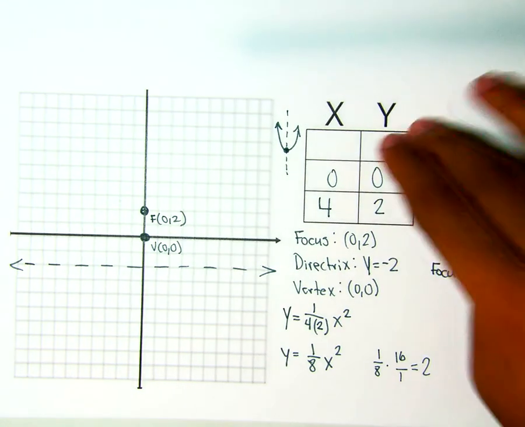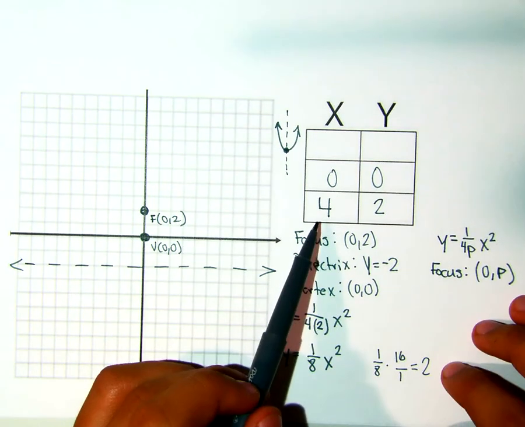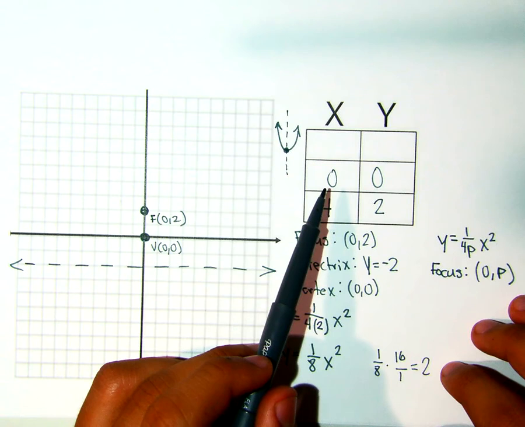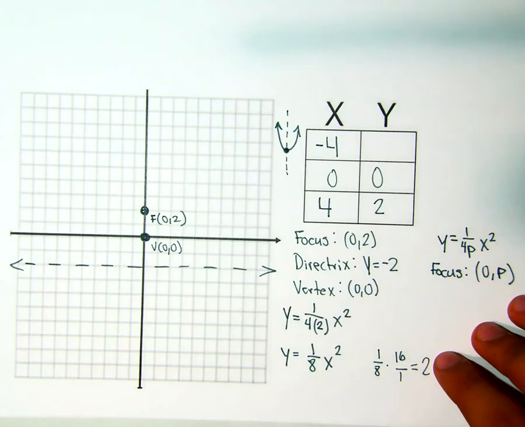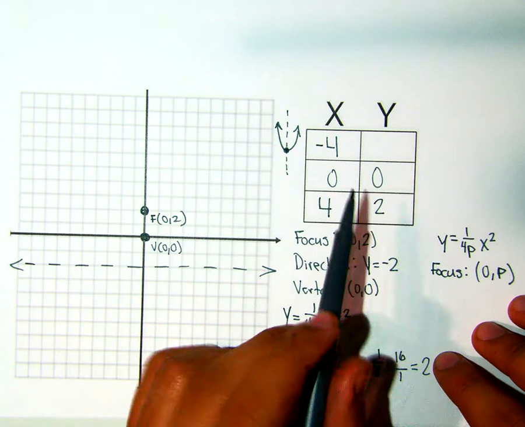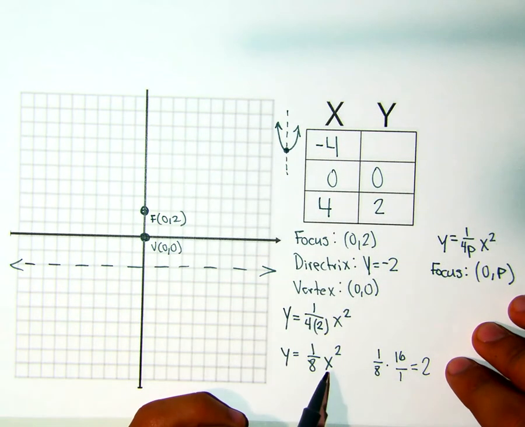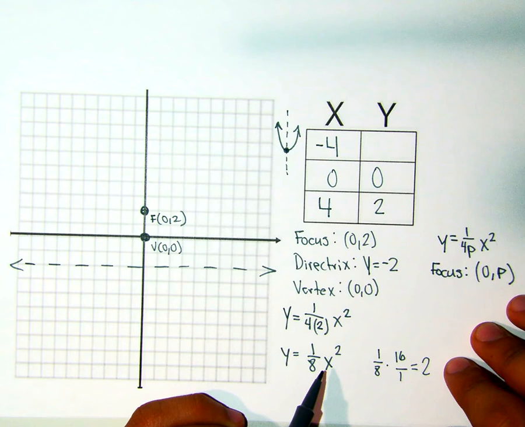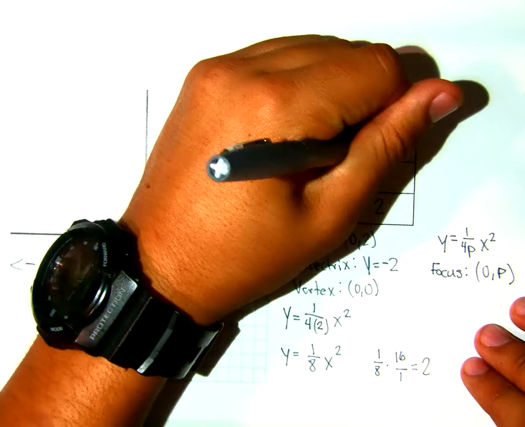Whenever we're working with parabolas, we want to choose a point that's equal distance from the one we just found. 4 was 4 units away from 0, so now we want to use -4. When we plug in -4, we get the same answer. -4 squared is 16, and 16 times 1/8 is still 2.